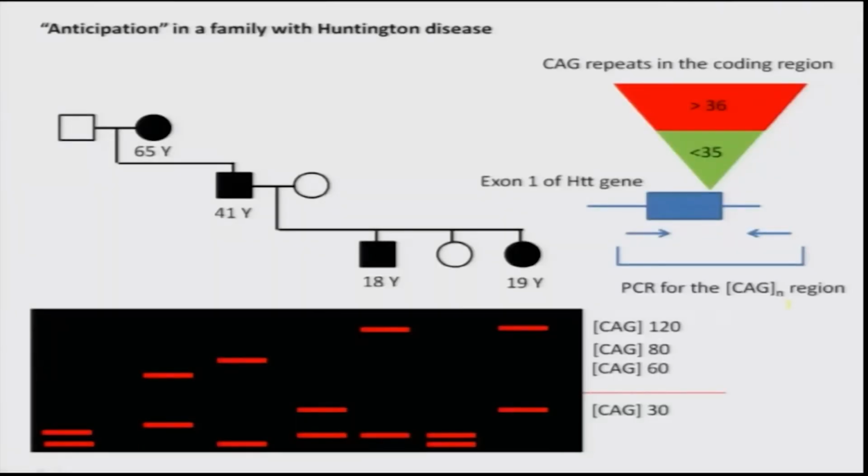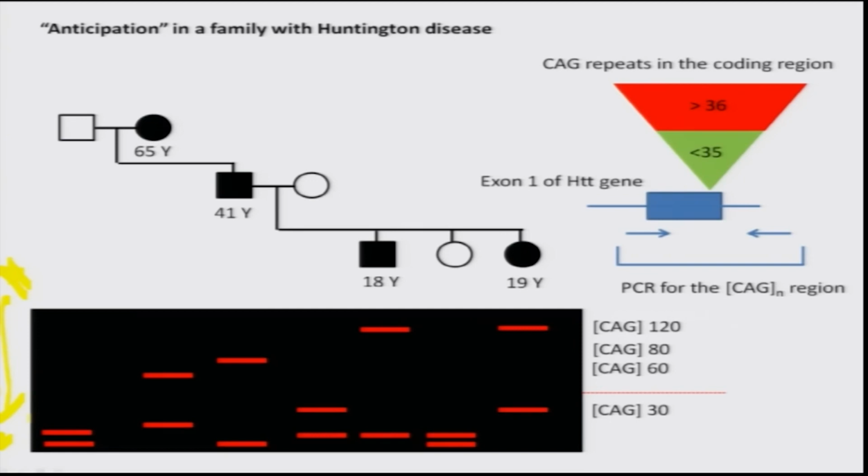So, this is a gel. I have done a PCR and separated the fragments in an agarose gel. You are going to have high molecular weight fragments on the top and low molecular weight fragments at the bottom, because they migrate faster. What do you see?